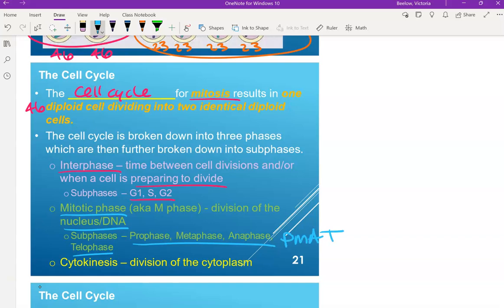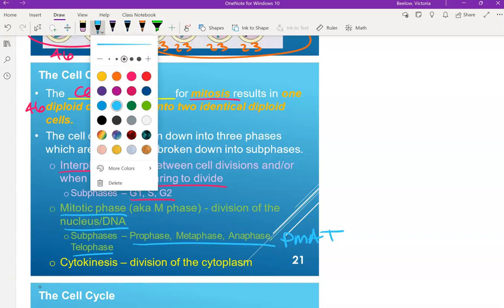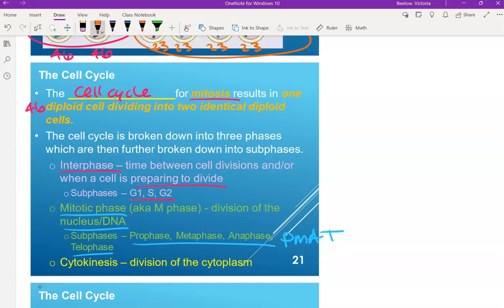And then the last is cytokinesis, which is the division of the cytoplasm, and it usually is happening at the same time as the last phase. There's some overlap in its timing with telophase, which is part of mitosis.